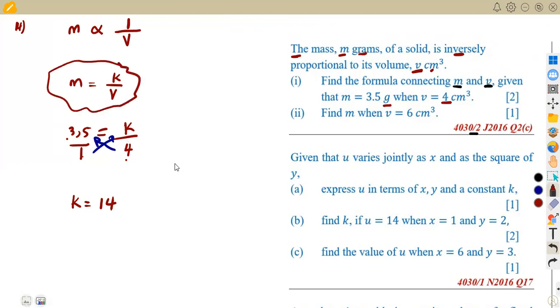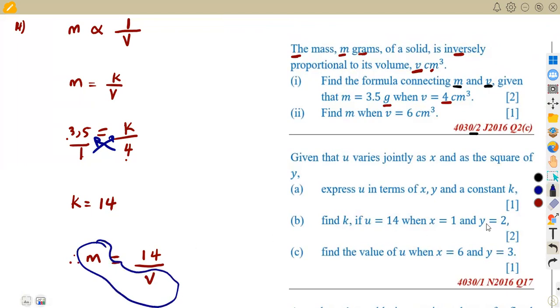So we are going to have M equal to K, that is 14, so in place of K we substitute 14 over the volume V. So that's the formula at the end, connecting M and V in an inverse way, as we see V in the denominator there.